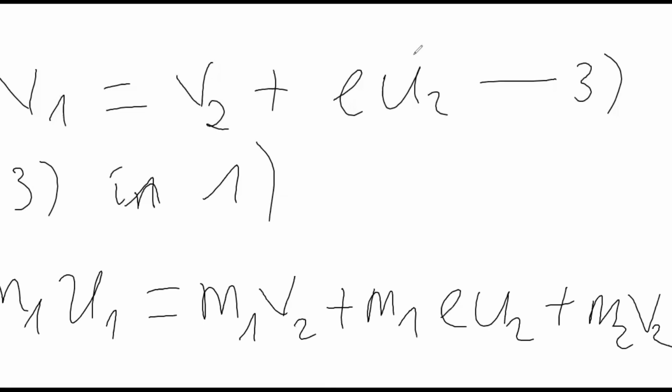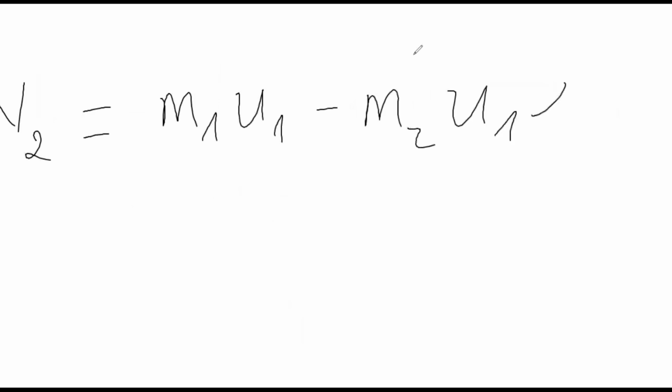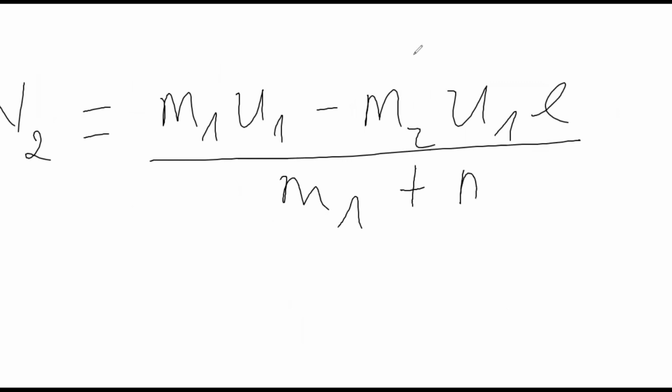You can rearrange this to make v2 the subject of the equation. If you do that well, you have v2 to be m1 u1 minus m2 u1 e divided by m1 plus m2.